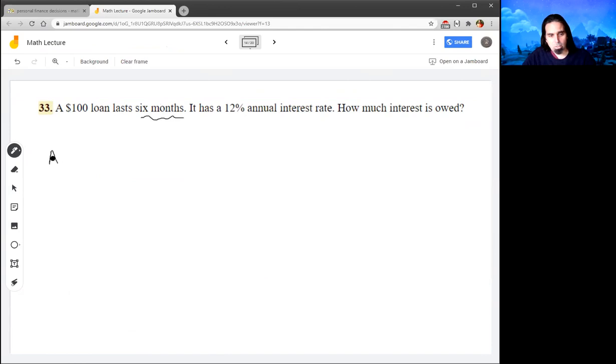So as before, it was $12 for 1 year's interest. But my loan this time is only 6 months. So the bank has 2 business options.